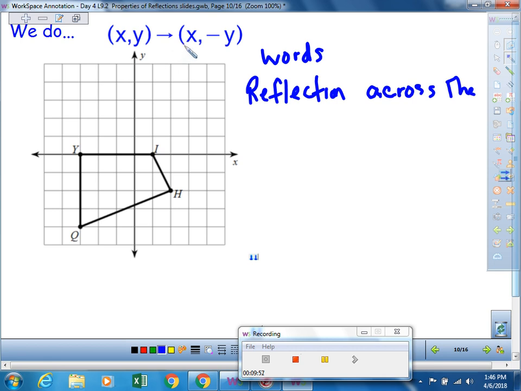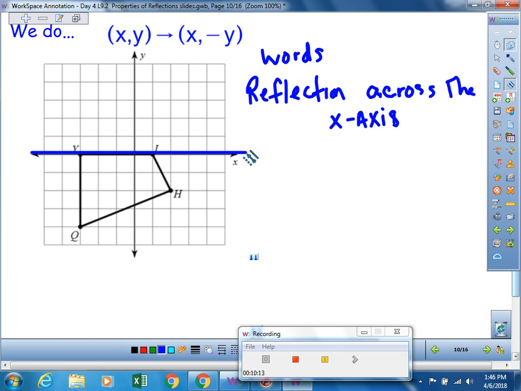The x, because x is left alone, right? So the x-axis. Okay, so go ahead and reflect it across the x.